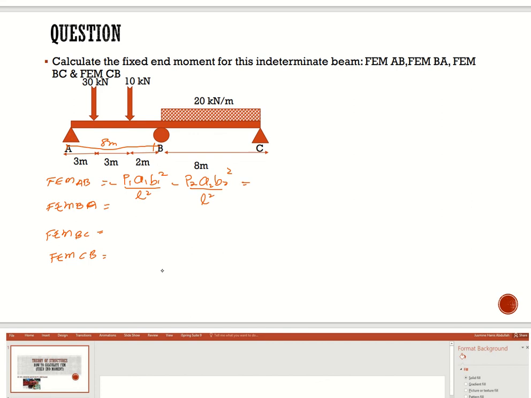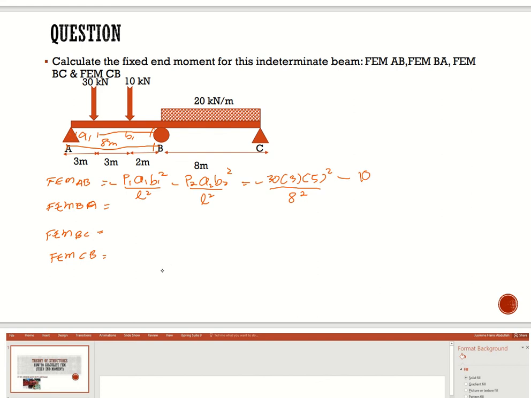So we put the value on each formula, negative 30 times 3 times 5 square. Okay, this is A1. A1 is 3 and B1 is 5. And the total length is 8 meter. So 8 square. Okay, use the correct formula. And then we put the value of the second force, which is 10.